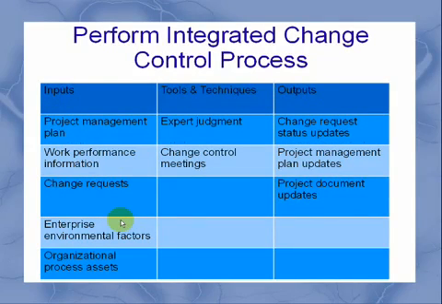The perform integrated change control process has the following inputs: project management plan, work performance information, change request, enterprise environmental factors, and organization process assets. So basically, all these inputs were in the previous process, but the new input which you find is the change request.